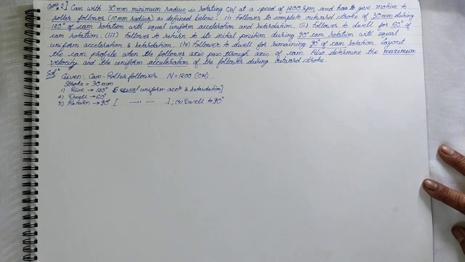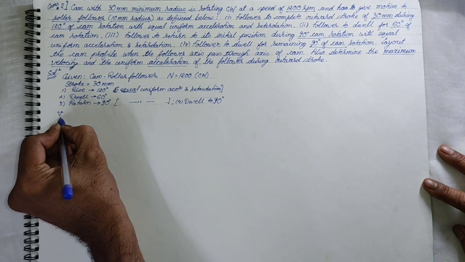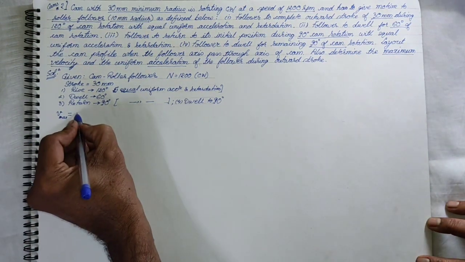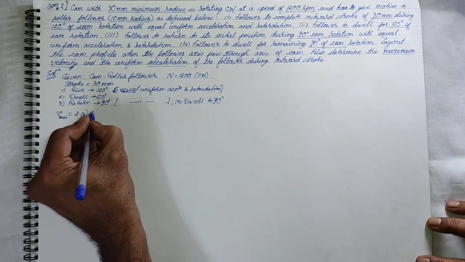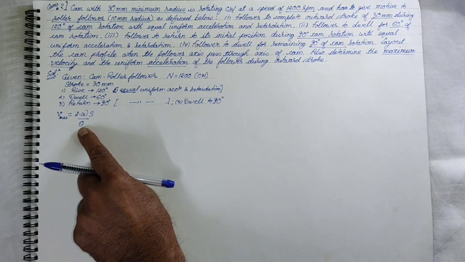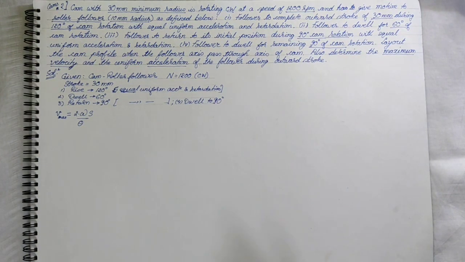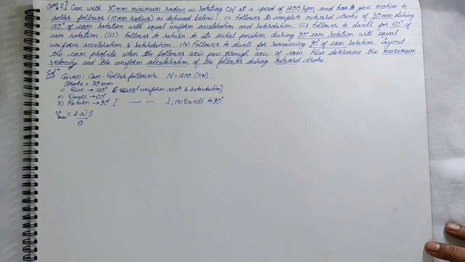For equal or uniform acceleration and retardation, the expression for velocity, V max, is given as twice omega s upon theta. Here theta is the rise angle if I want to find velocity for rise, and the return angle if it is for the return. We have been asked to determine during the outward stroke. Outward stroke is the rise.